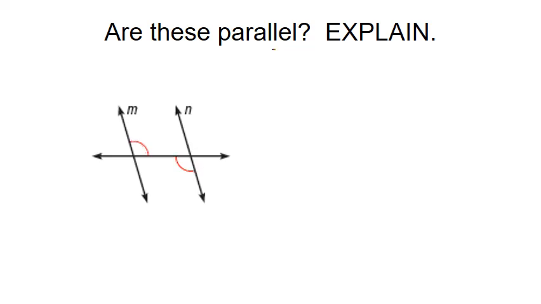And we know that these two angles are alternate interior angles. They both lie in the interior of those two lines and they're on opposite sides, so they're alternate interior. So do we know that they're parallel? Yes, we do, because of that alternate interior angle congruence.